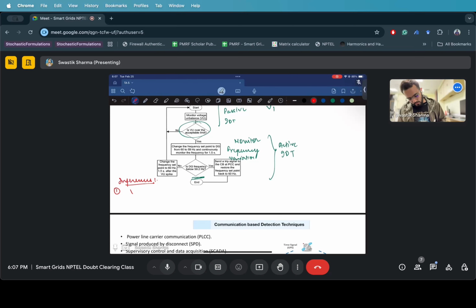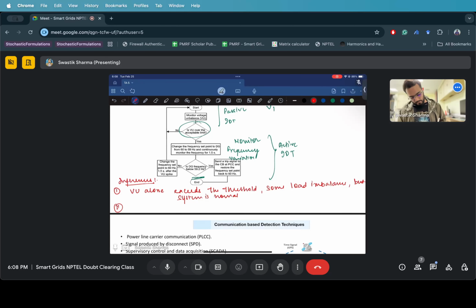If VU alone exceeds the threshold, so only VU has changed, even if monitoring the frequency, it has not resulted in any unbalanced operation, so we can say some load imbalance has occurred, but the system is normal.